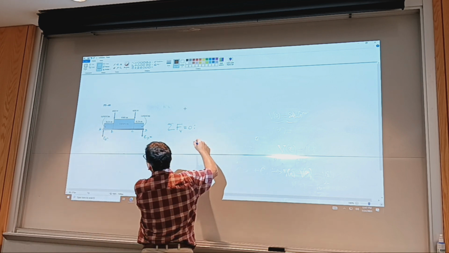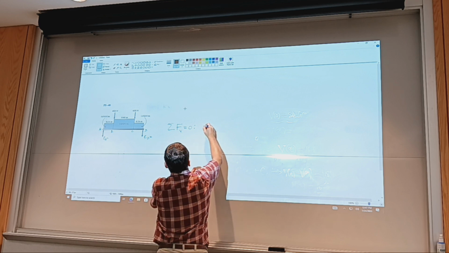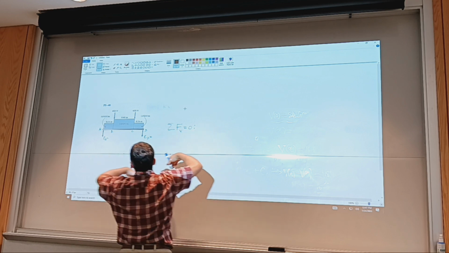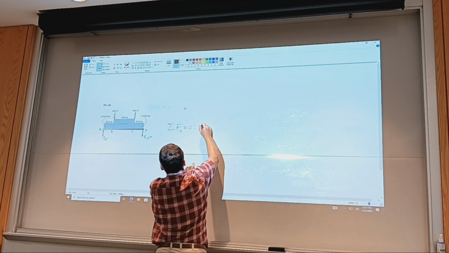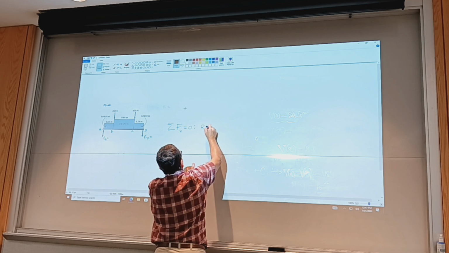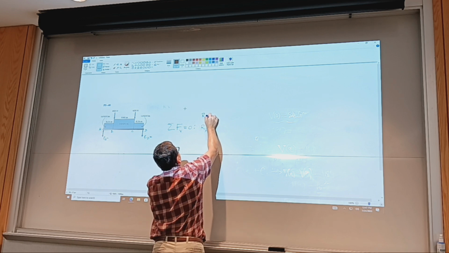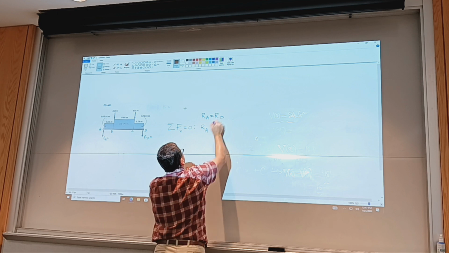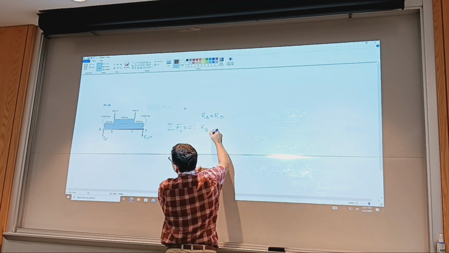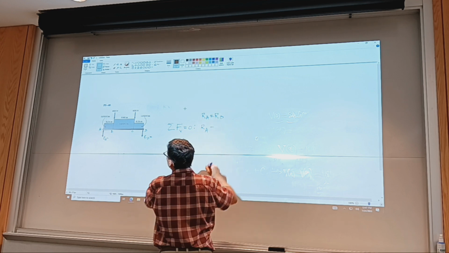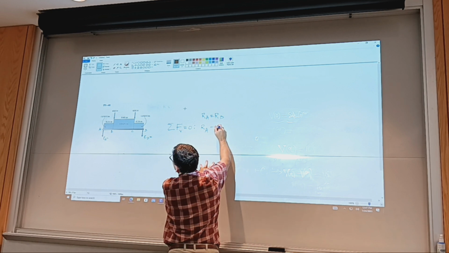So what do we have? Again, distributed forces, everything is down. So RA, and because RA equals RD, the second equation: RA positive, negative, it will be 1, and we'll work in kilonewton meters.